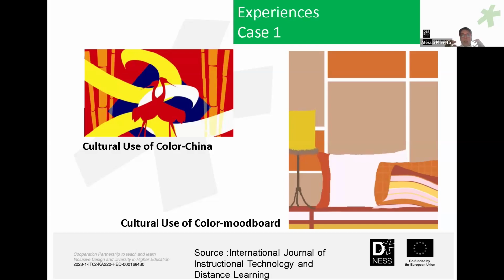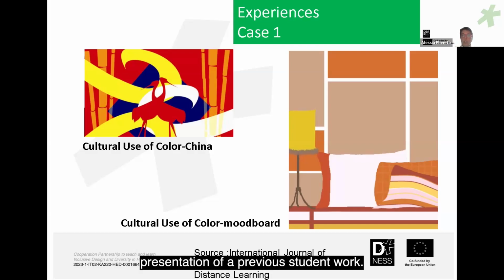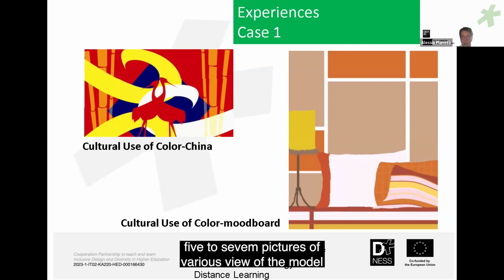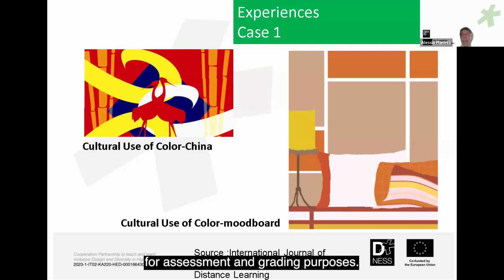And then a PowerPoint presentation of a previous student work. Once the model was completed, the students were requested to upload some commented pictures, 5 to 7 pictures, of various views of the model for assessment and grading purposes.